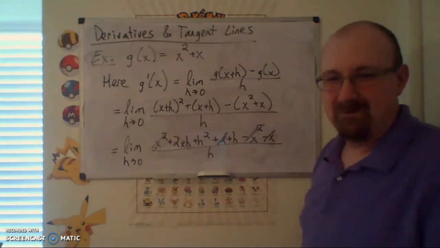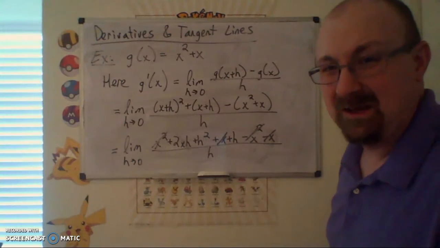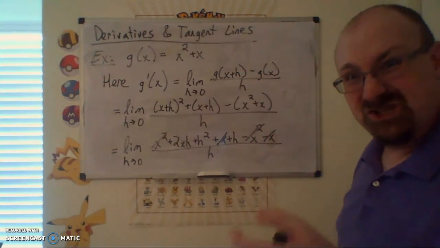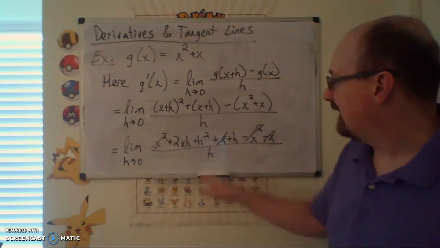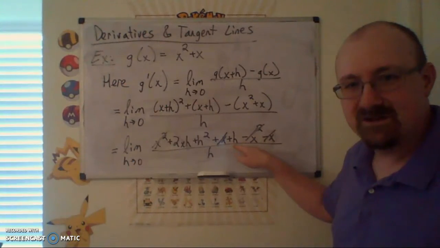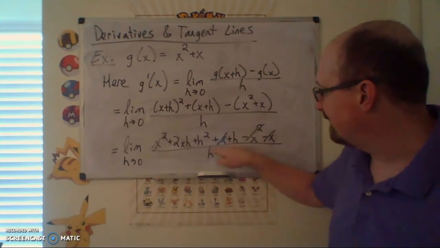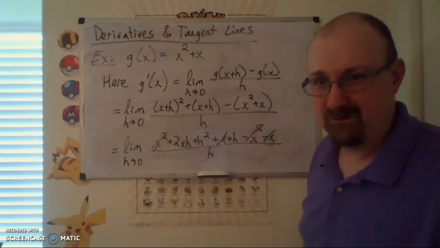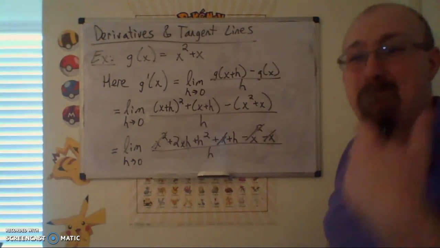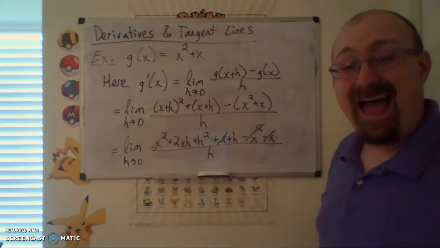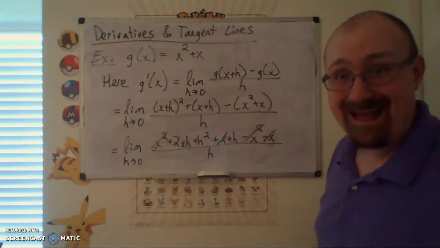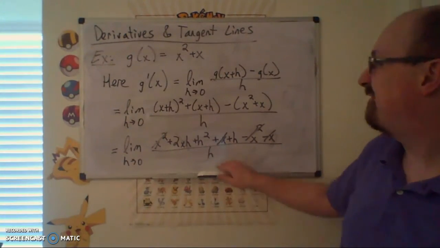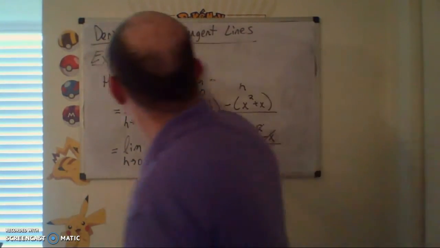Now, at this point, you might be saying that's still pretty ugly, but it's going to get less ugly in just a sec, because if you take a look at the three remaining terms in the top of this fraction, we have a plus h squared, plus 2xh. All of those have what in common? Exactly, they've got an h in common, which means we can factor that guy off.